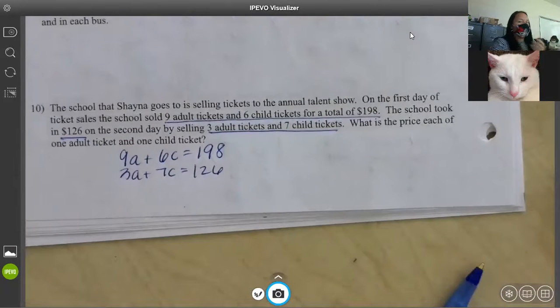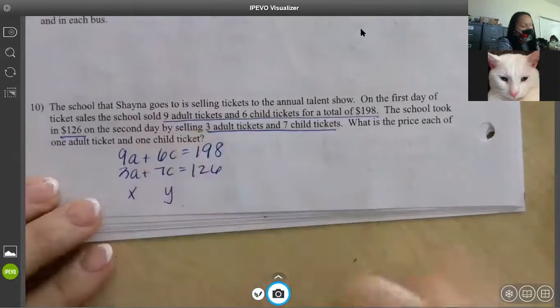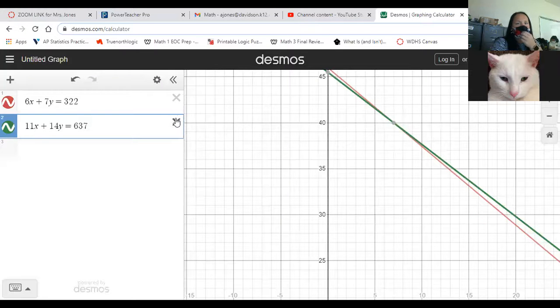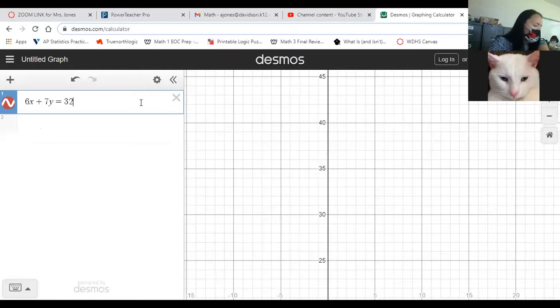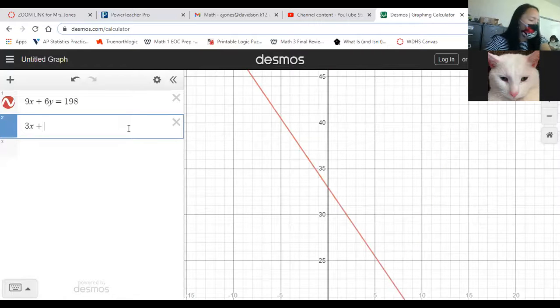And again, like I said, the numbers just keep getting bigger. So we're gonna take these 2 equations and put them into Desmos. We're gonna use X for A and Y for C. We have 9X plus 6Y equals 198. 3X plus 7Y equals 126.